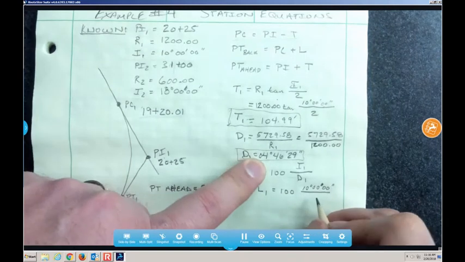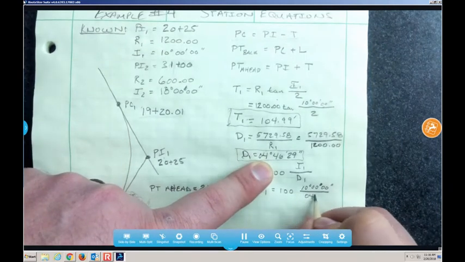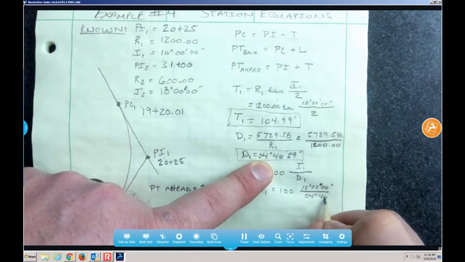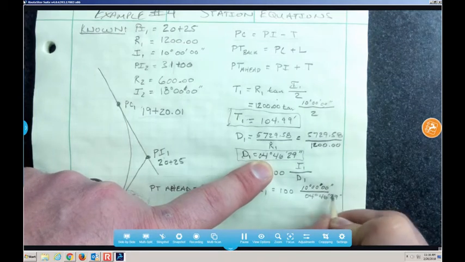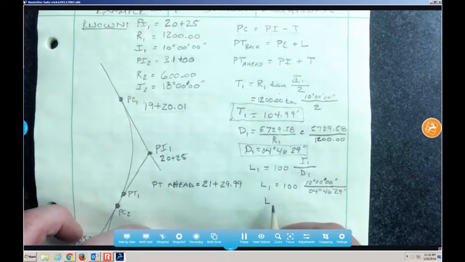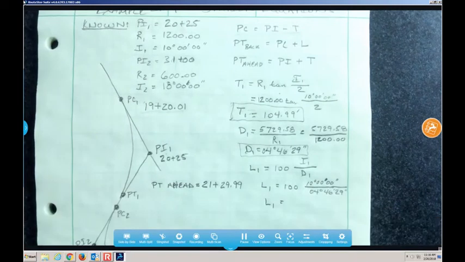D1, we just figured out, is 4 degrees, 46 minutes, 29 seconds.